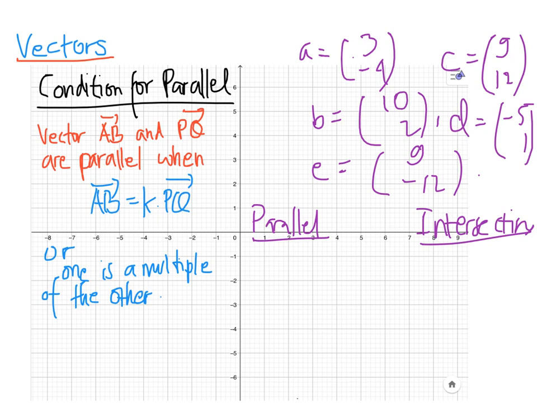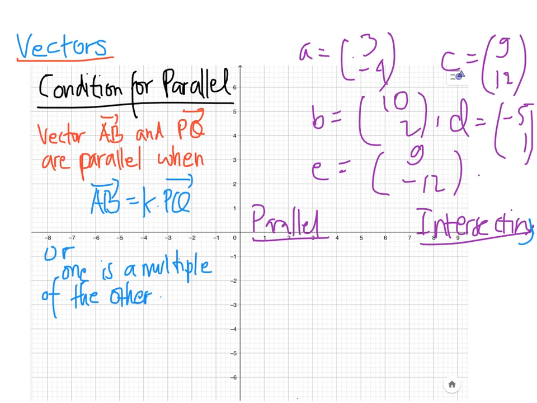So remember, the ones we call parallel are those where we can make one a multiple of the other. Are they equal or not? They're not equal. Everything is not equal, right? So then they at least meet the basic condition that they could be parallel or intersecting.